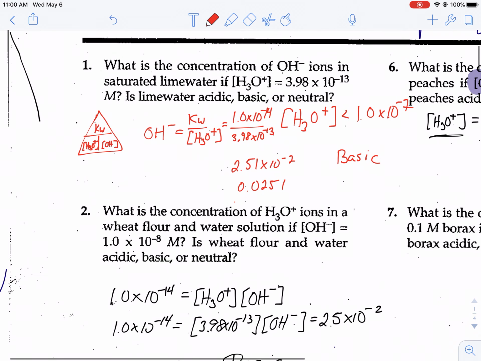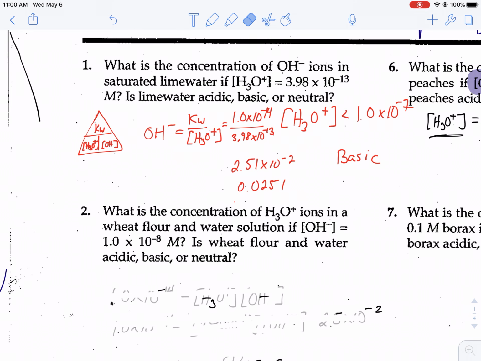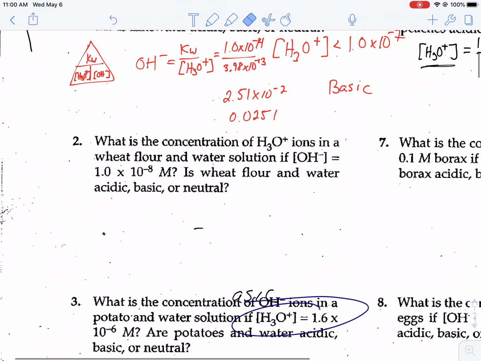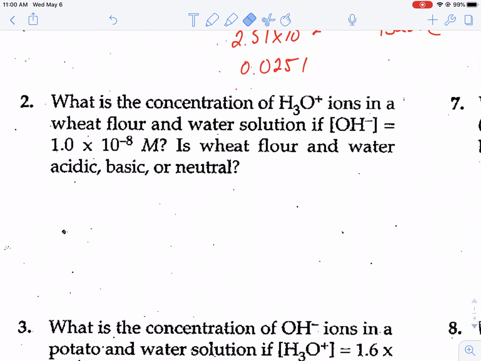Let's do one more together, just to make sure we're all on the same page here. What is the concentration of hydronium ions in a wheat flour and water solution if the hydroxide equals 1 times 10 to the negative 8th molarity? Is it acidic, basic, or neutral? I know the concentration of OH minus is 1.0 times 10 to the negative 8th.